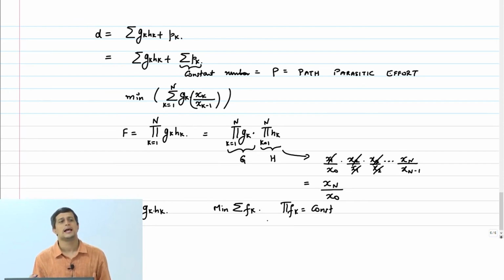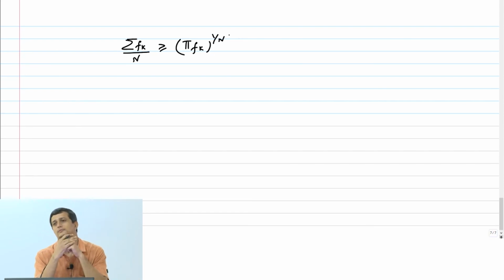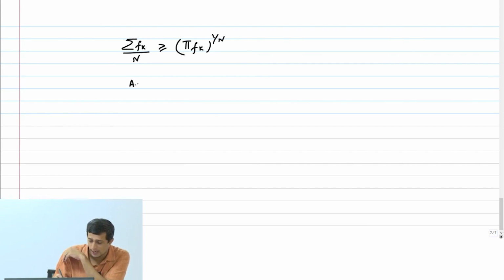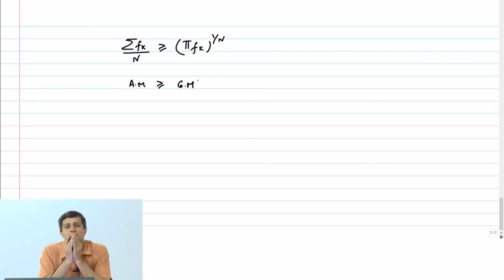You use the arithmetic mean, geometric mean inequality, and you can solve. The left hand side is some form of the arithmetic mean, summation Fk by n, right? So I can say the following: summation Fk by n is greater than or equal to product of Fk whole power 1 by n. This is nothing but the AM greater than or equal to GM inequality, and the minimum will occur when each term is equal.